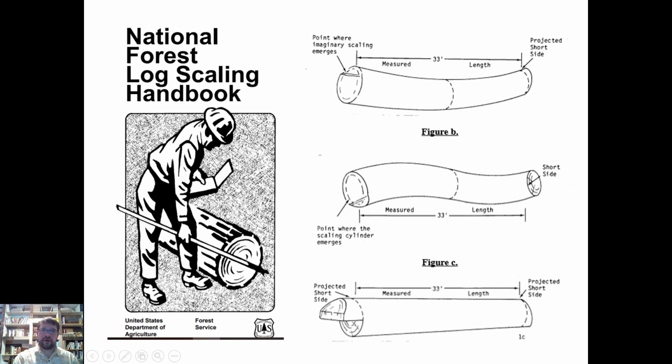Okay, there is a National Forest Log Scaling Handbook. I don't want to say it's dense, but it's got a lot of rules into how you go about determining the length of a log, how you determine the radius, and these kinds of things with different situations. So if you have a convex, concave shape, or maybe you have a warpage in multiple ways, where are you taking those measurements from?